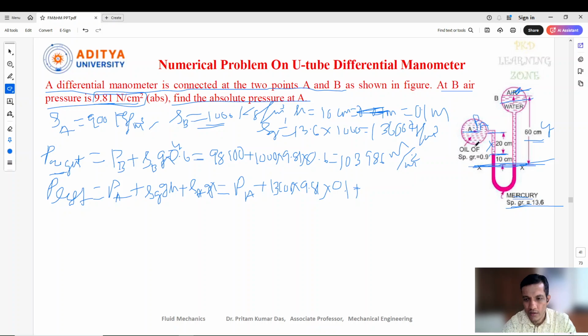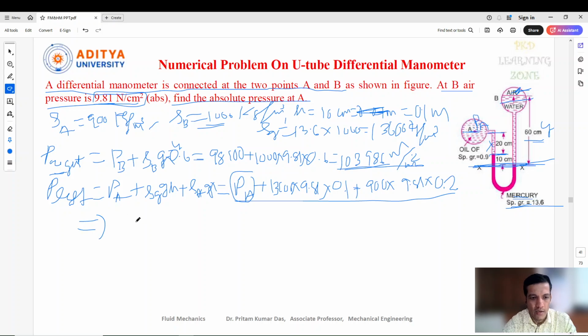Sorry, oil is given as 0.9, so that means 900. 900 into 9.81 into 0.2. So this is another equation. In this equation only one unknown is there, PA, and here we already got the value of this one. So we can easily find it by comparing these two equations.